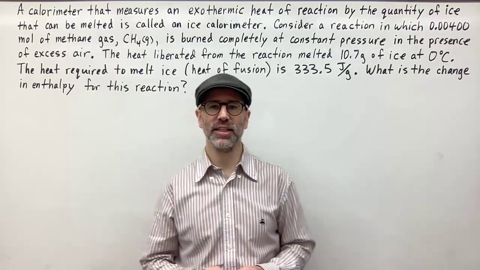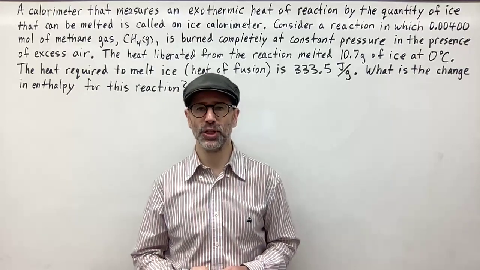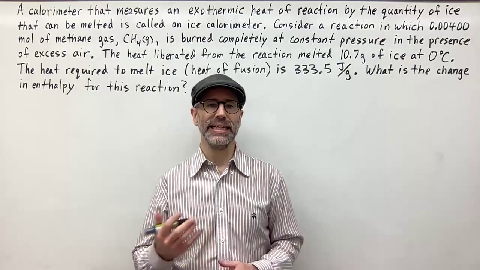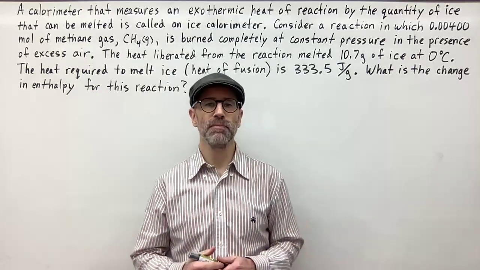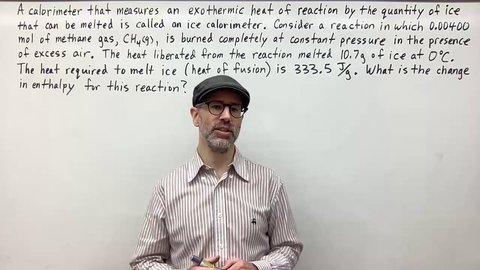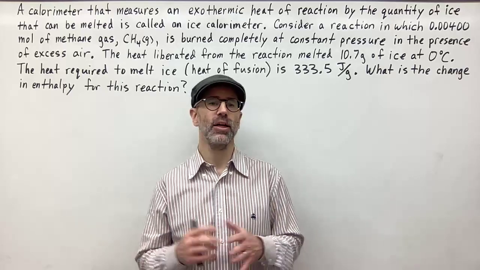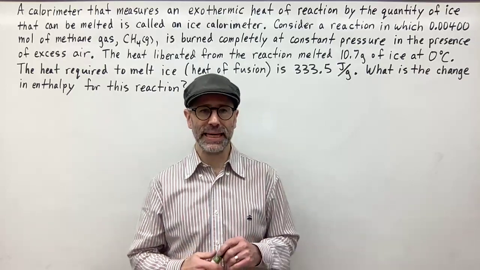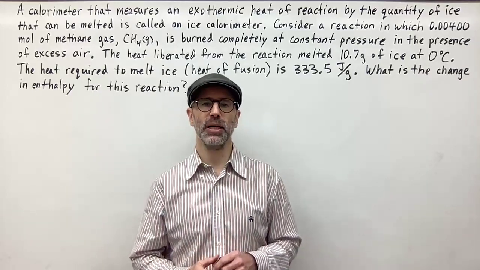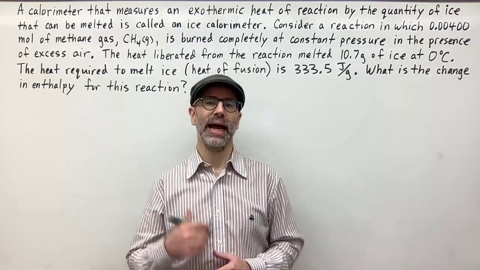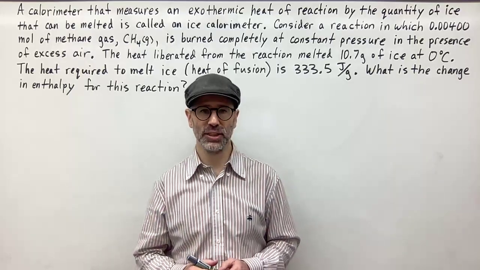Consider a reaction in which 0.00400 moles of methane gas, CH4, is burned completely at a constant pressure in the presence of excess air. So meaning we have plenty of oxygen, so don't worry about that. The heat liberated from the reaction melted 10.7 grams of ice at 0 degrees Celsius.